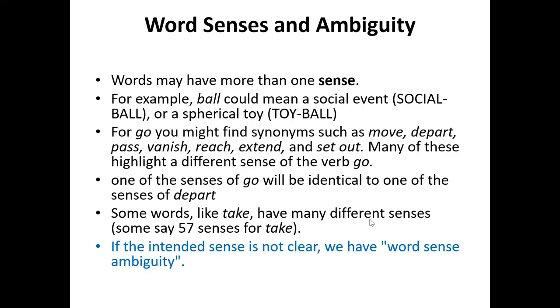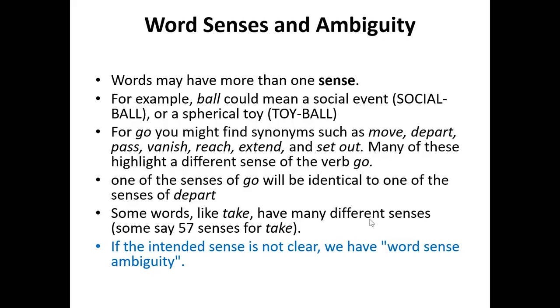Now this is something which we will be revising, that is word senses and ambiguity. We have also discussed this in the ambiguity resolution section. So we know that words may have more than one sense. For example, when you are saying ball, it could mean a social event or a spherical toy.